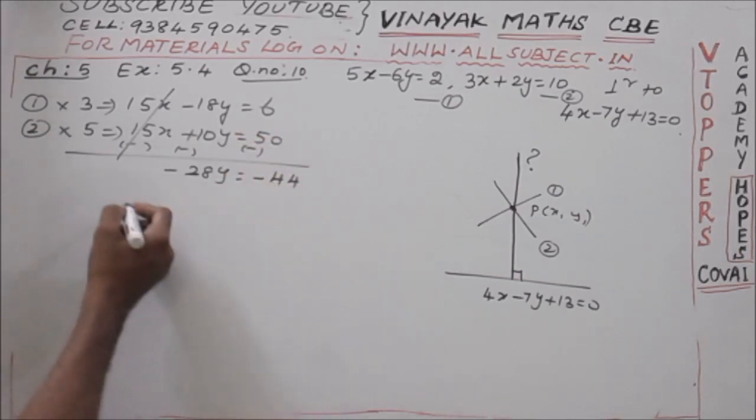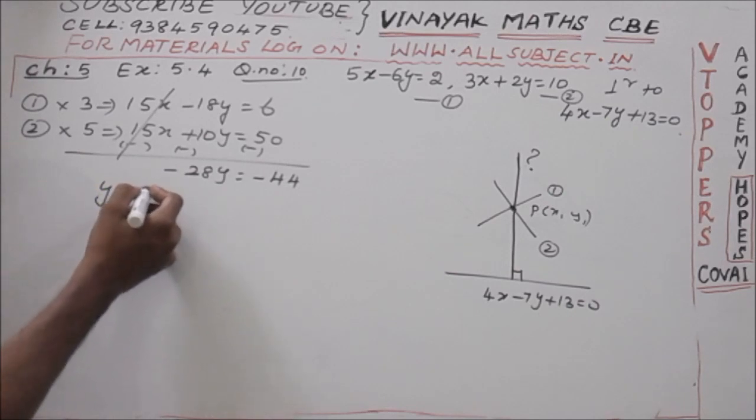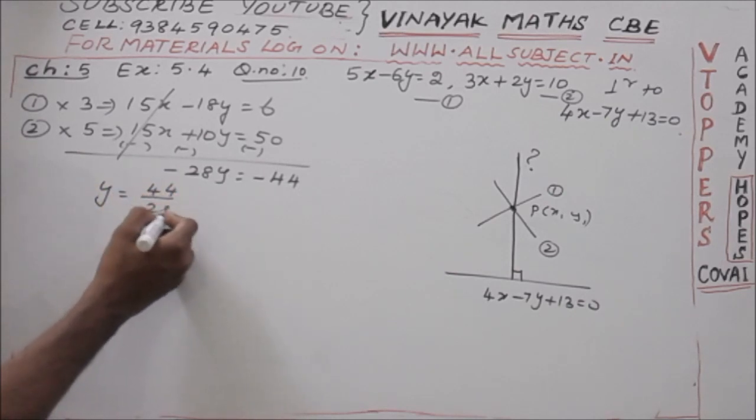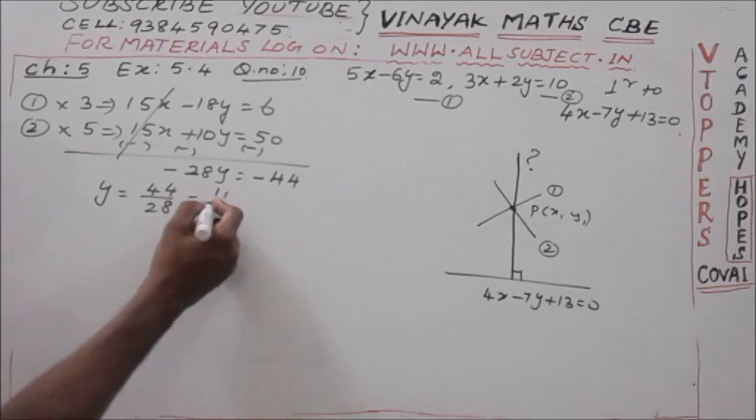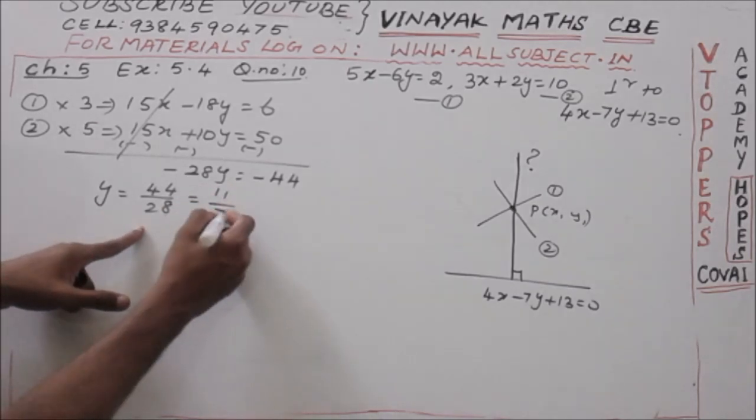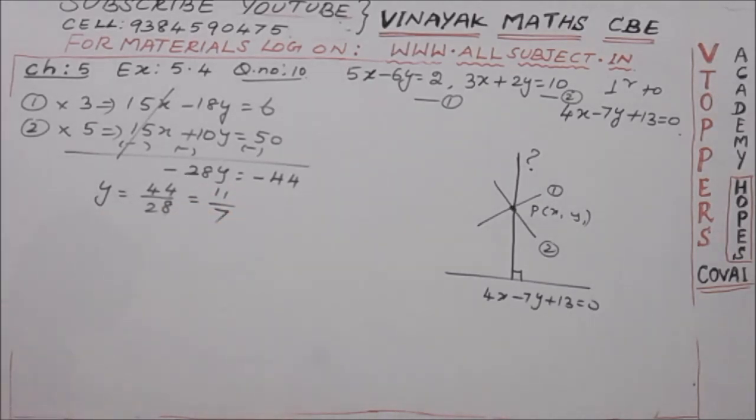44. So y equal to 44 by 28, both sides have a minus sign so they cancel. Dividing by 4, 11 fours are 44, 7 fours are 28, so y equals 11 by 7.